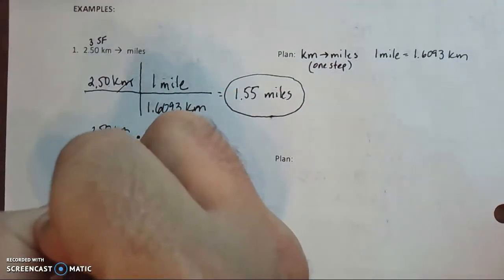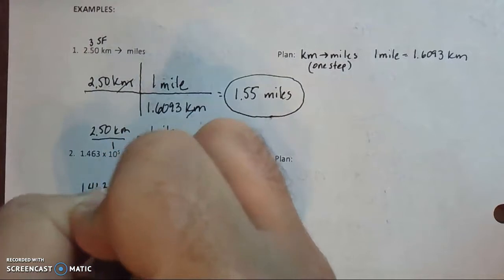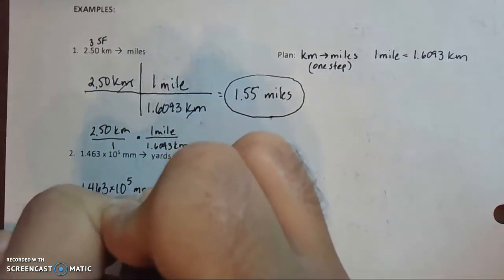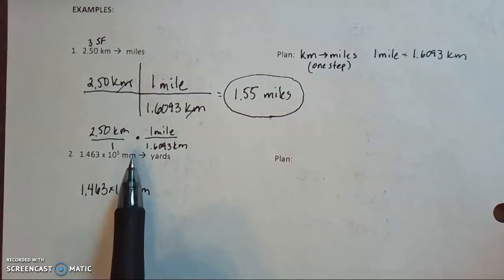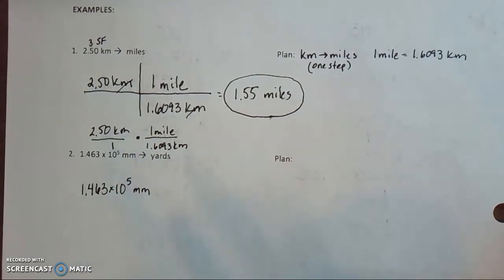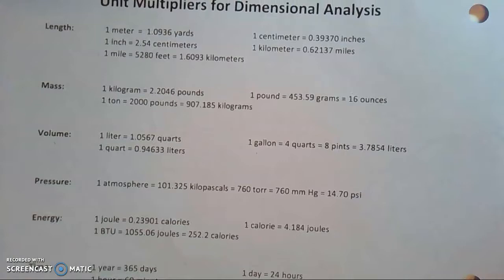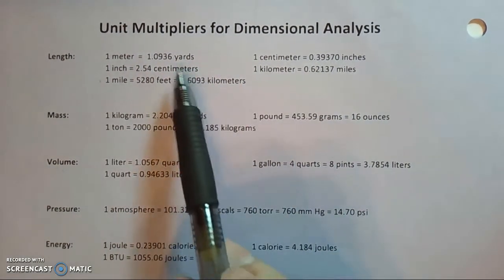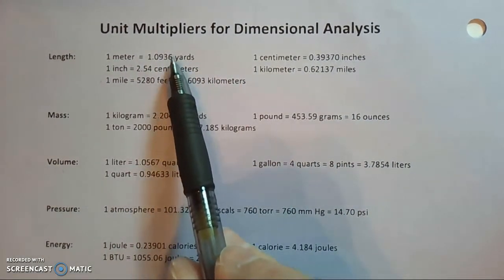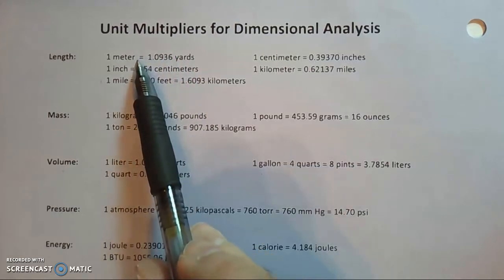So I'm going to write down what's given. Then we're going to look for a unit multiplier between millimeters and yards. So we're going to look on our sheet. We're in length. If we look, the only place that we have yards is this first one, and it's between yards and meters, not millimeters.